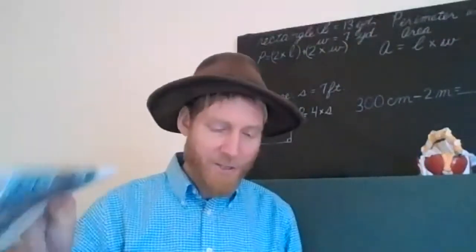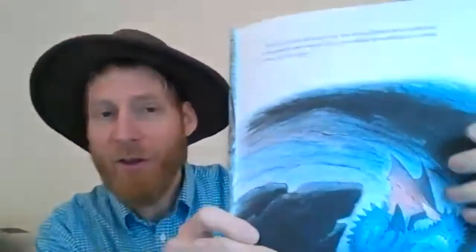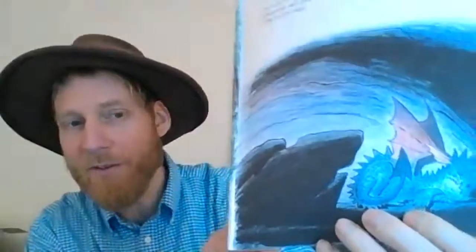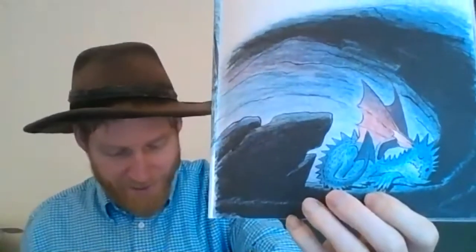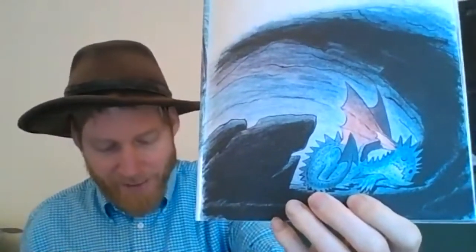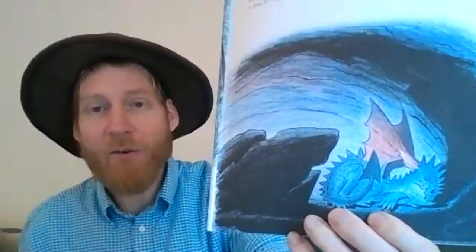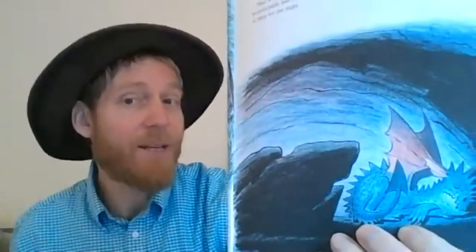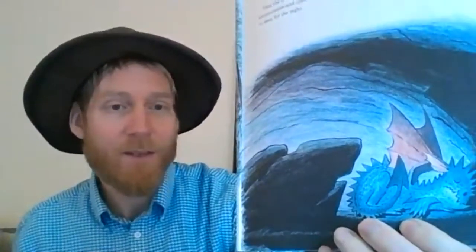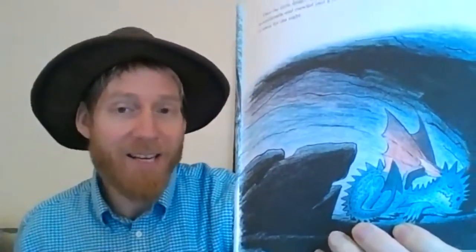All right, so here's our dragon friend, Drufus the dragon. Drufus the dragon lays down to sleep each night or lies down to sleep each night. You should have said lies down to sleep each night.